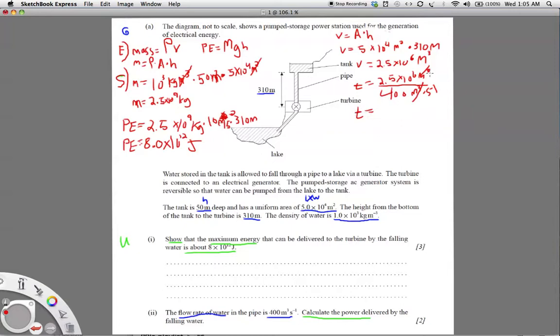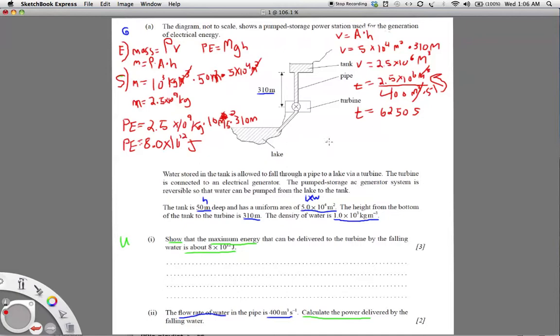We're going to end up with 6,250 seconds, because seconds actually goes on top. It's a fraction, and it's seconds to the -1, so a fraction in a fraction means that it goes on top. That's the total time.